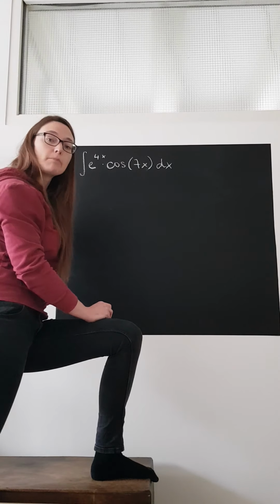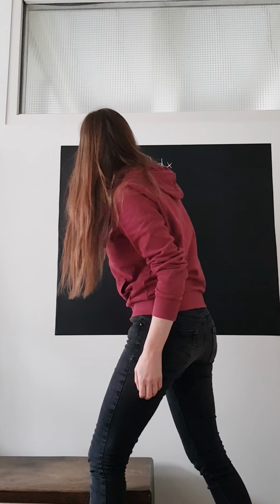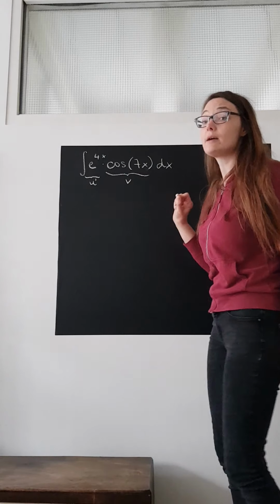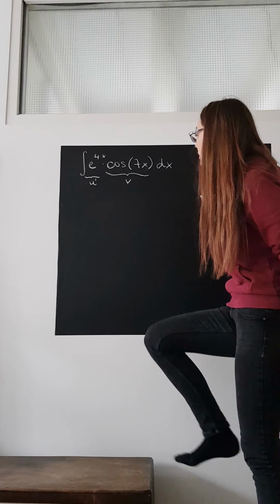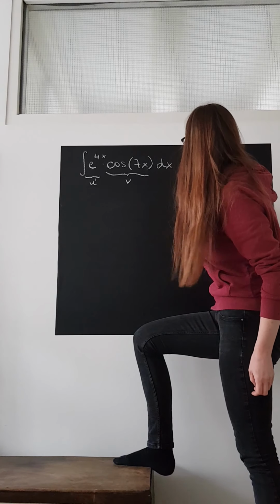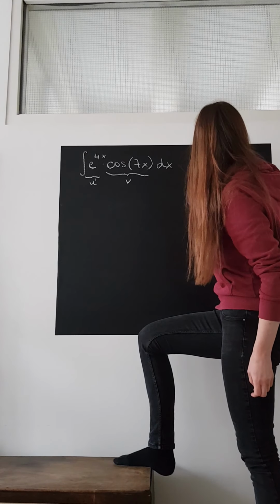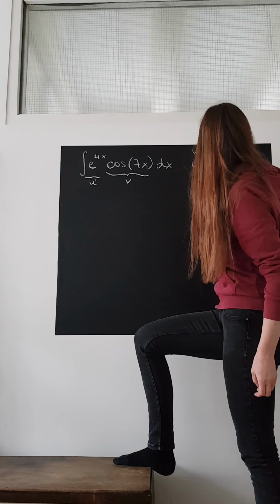I'll choose this as my v and this as my u prime. Doesn't really matter how you call which one, because we write down u prime and u and v prime in any case.